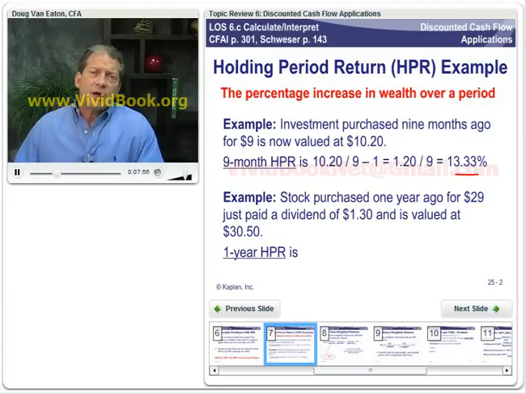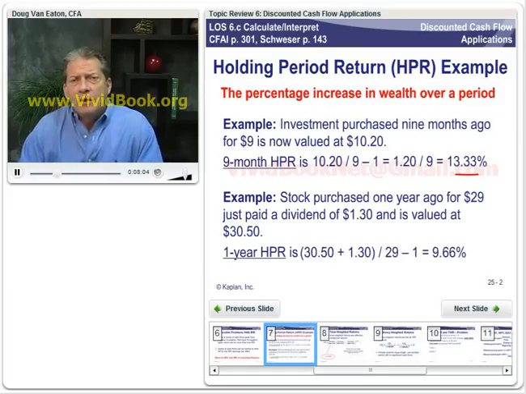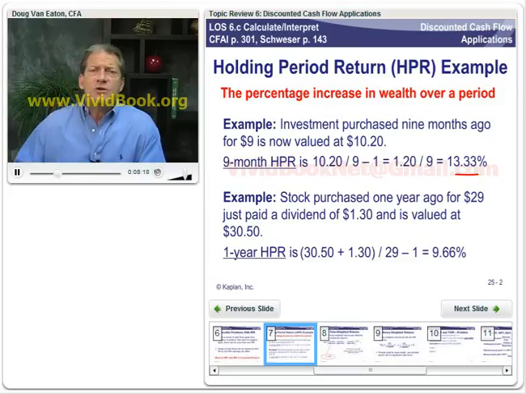Now, sometimes securities and investments also have cash flows besides appreciation or depreciation in their price. So if we take a look at a stock that was purchased 1 year ago for $29, just paid a dividend of $1.30, and is valued at $30.50, our 1-year holding period return is going to include both the price appreciation and the dividend.